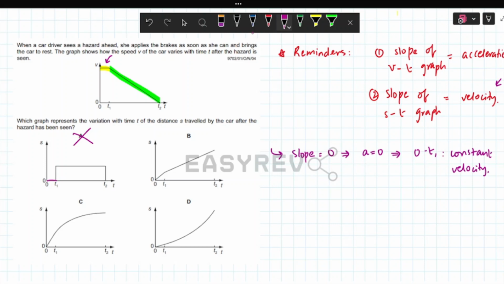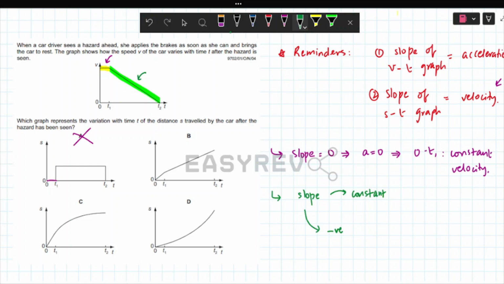Now, to see which one of B, C, or D can be the answer, we'll study the green highlighted portion. For the green highlighted portion, I'll draw the arrow to refer to it here. Here we see two things about the slope, and I'll write them down individually. The first thing I see about the slope is that it's constant, but then I also see that the slope is negative.